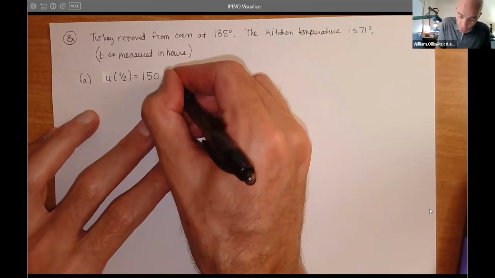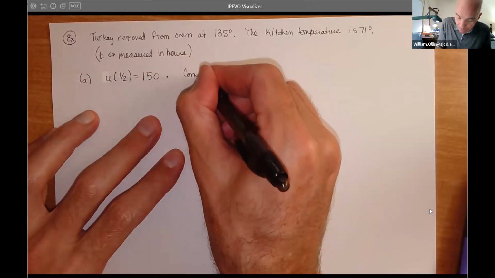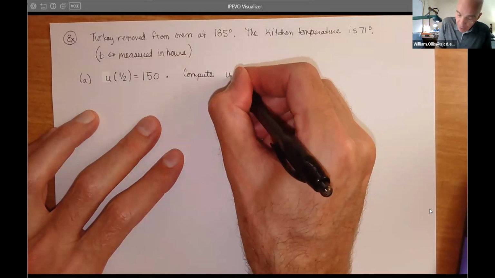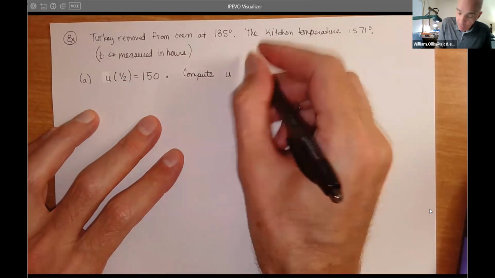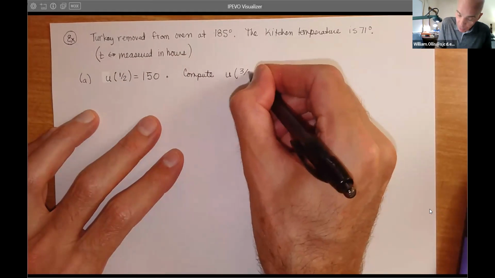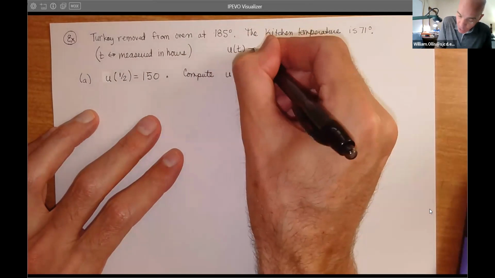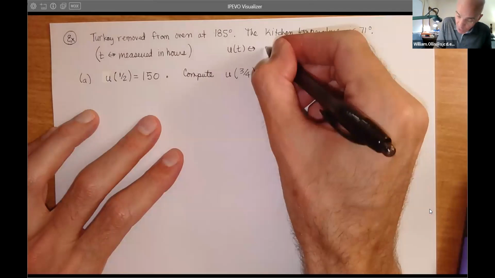And we're asked to compute the turkey temperature after 45 minutes or 3/4 hour. So we'll say U of t corresponds to turkey temperature.